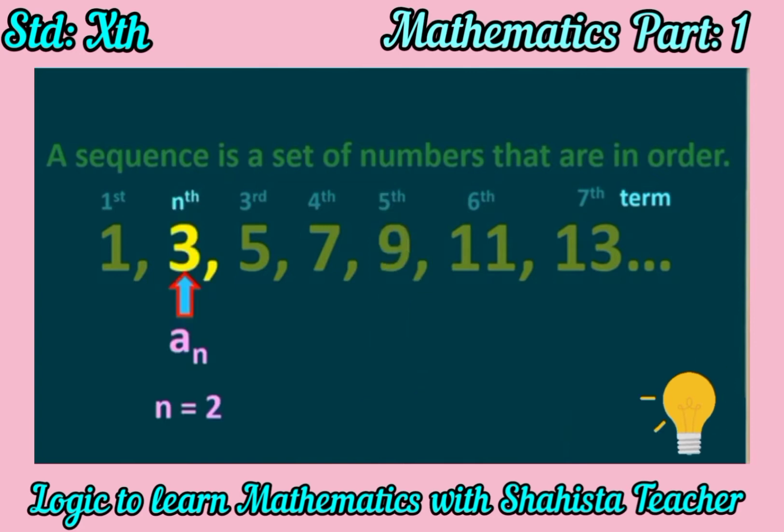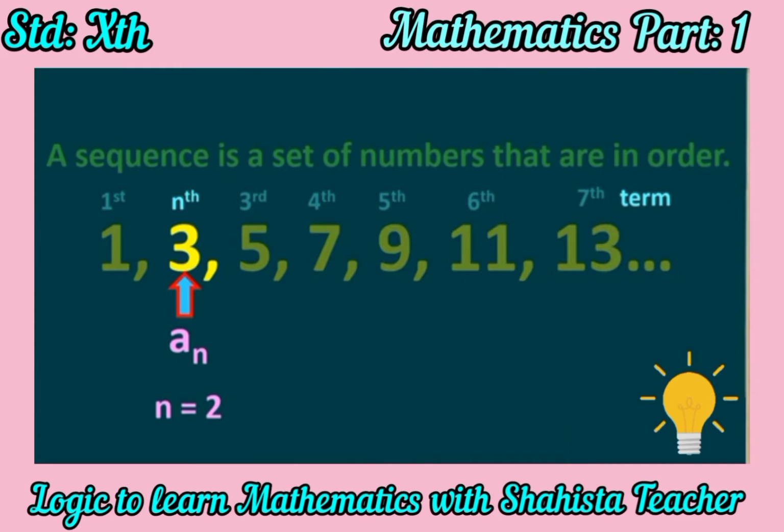Numbers are infinite. So 1 is the first step, 3 is the second step, 5 is the third step, 7 is the fourth step, 9 is the fifth step, 11 is the sixth step, and 13 is the seventh step, like this.